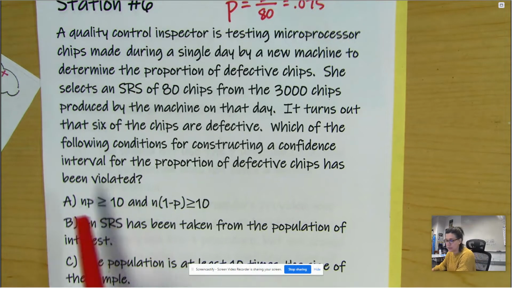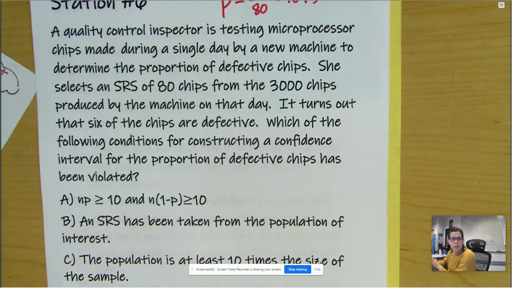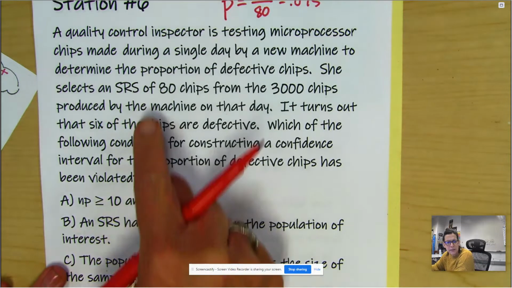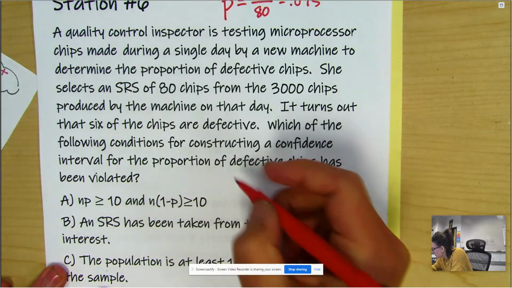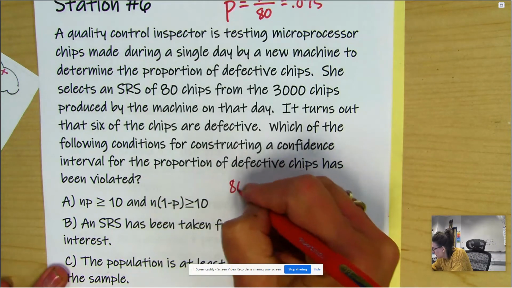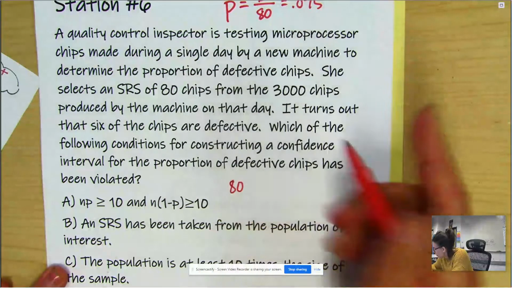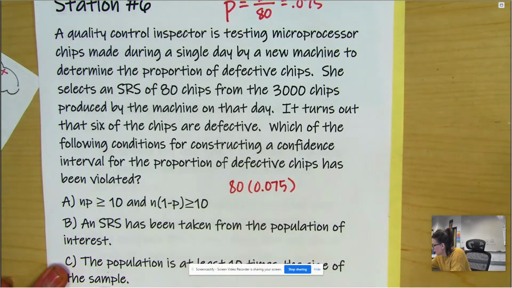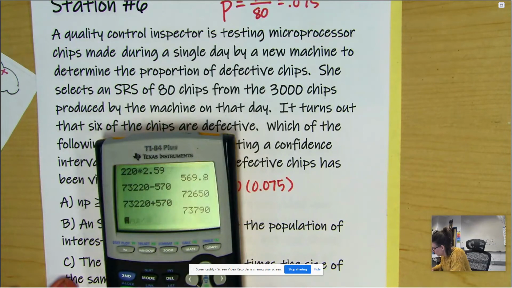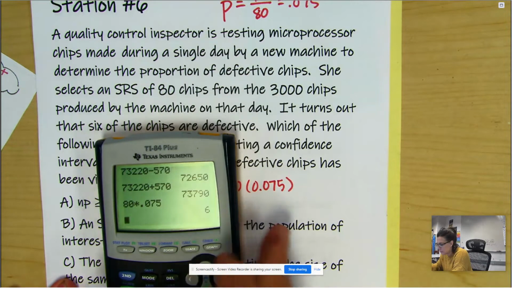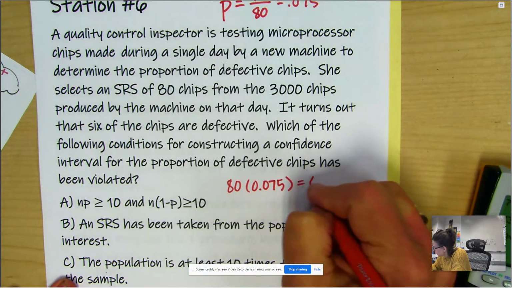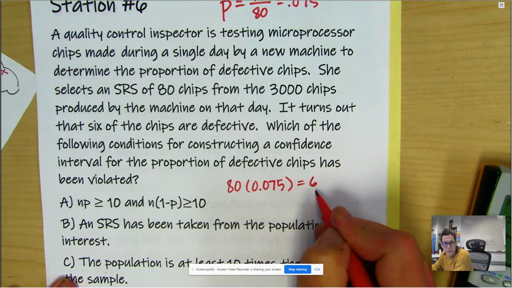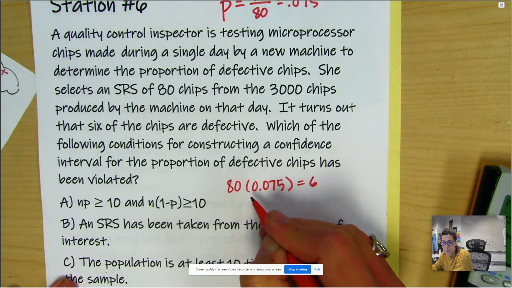So it's this one because the number in your sample is not that small of a sample, but the issue is the proportion that are defective is so small that when you multiply that out, you only get 6, right? And you're supposed to get something greater than or equal to 10. So you need to just sample more than 80.